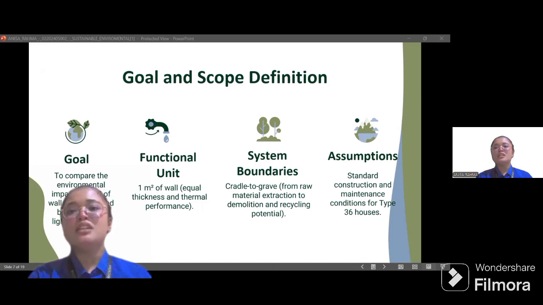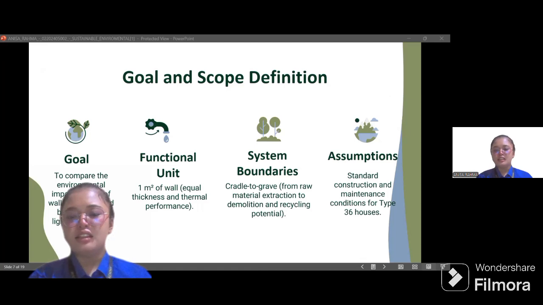For the AAC, we assume the use of available fabrication technology, considering the energy and raw material used in production. By clearly establishing this goal and scope, we can focus on comparing the two materials directly and ensure that the analysis is fair and representative of real-world conditions.